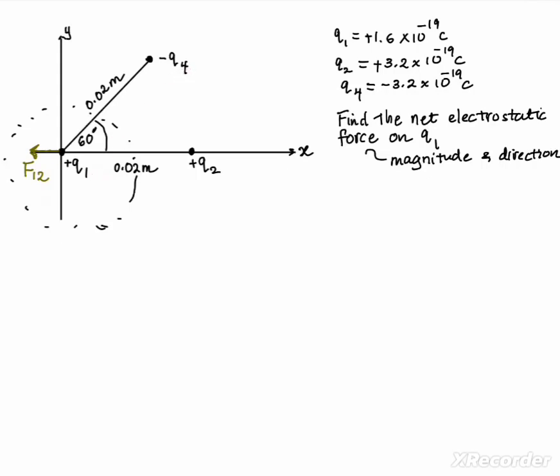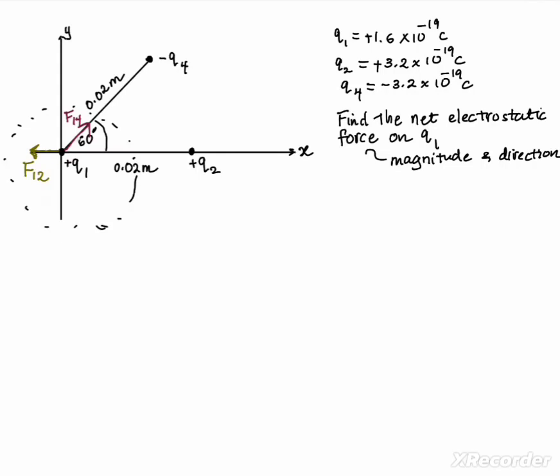So let's look at Q1 and Q4. You see that they are positive and negative, which means they attract each other. So since we are only concentrating on what's happening at Q1, the electrostatic force between Q1 and Q4 at Q1 is towards Q4 because they attract, and that is F14, meaning the force on Q1 because of Q4.